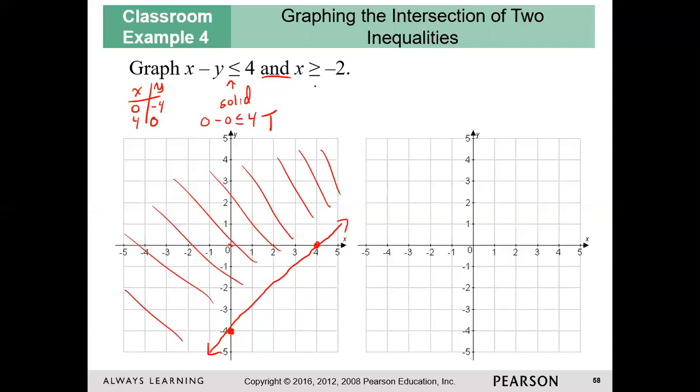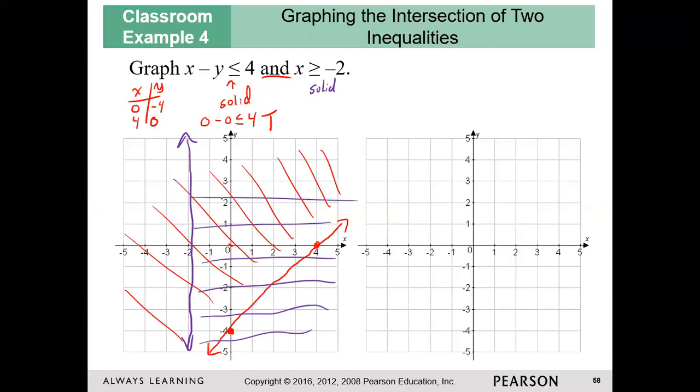And again, it's a solid line. That one's a vertical line. And again, you know what values for x are greater than or equal to -2. It's all of these values over here. So you start shading everything over here on this side of that line.